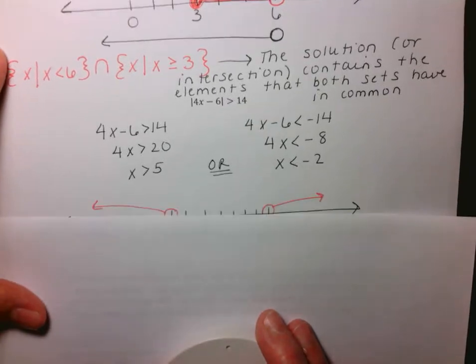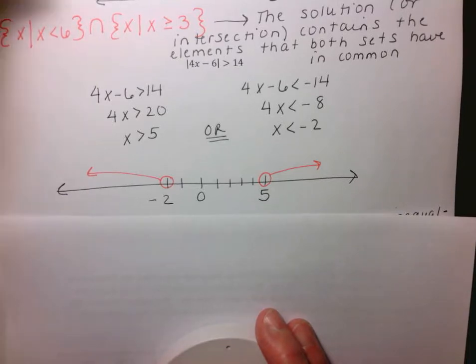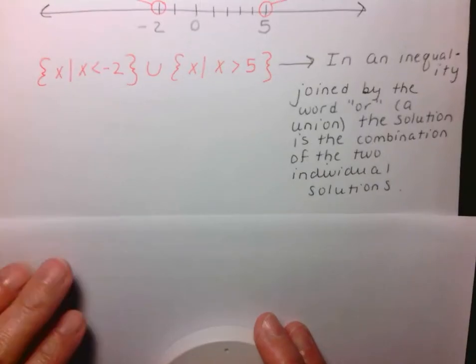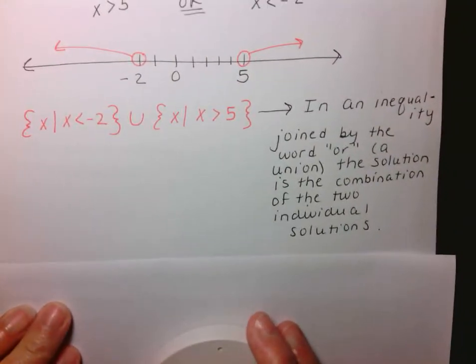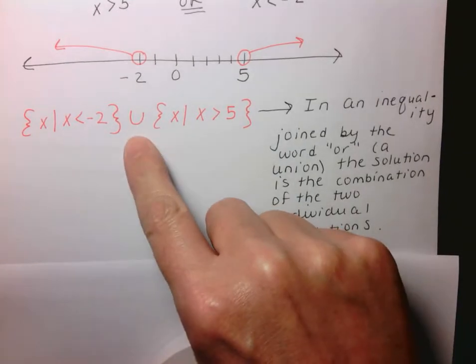And so when I graph it, I have a disjunction. They have no elements in common. So what's the answer? This is what we call a union, and this symbol communicates a union.